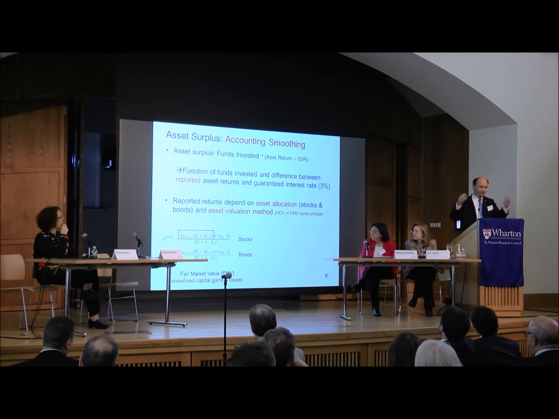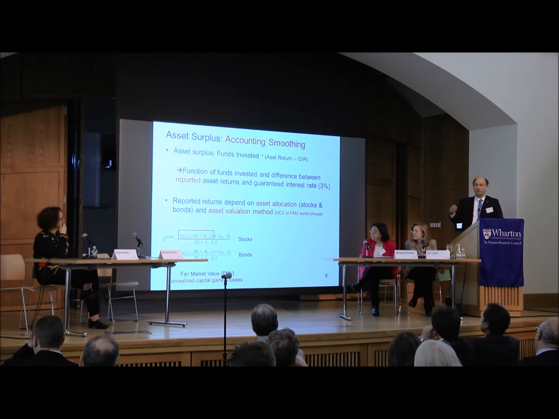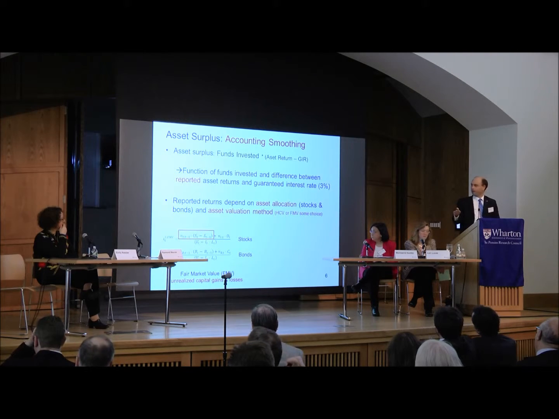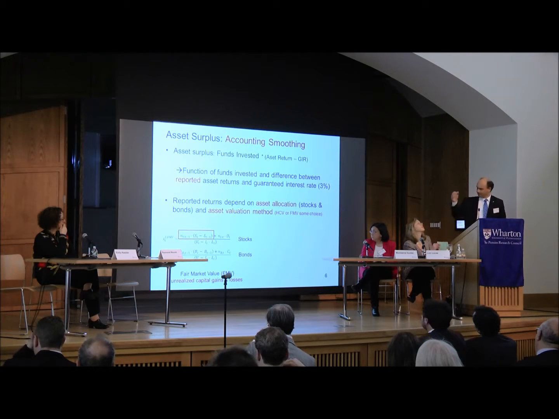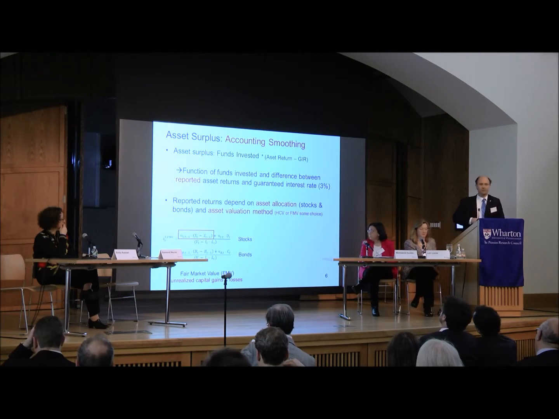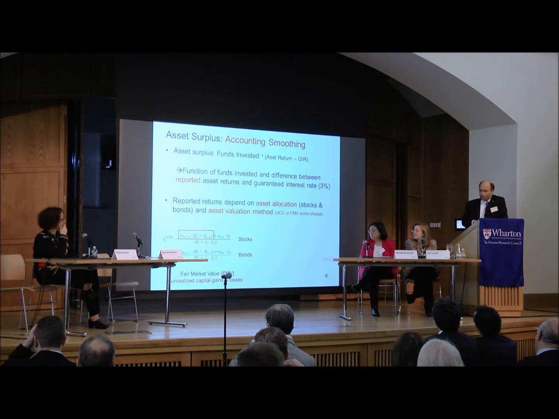But then you have the difference between the stock value of today, this is S_T, minus the stock value a year before. And in the fair market value approach, you use exactly this difference to calculate the return. In this situation, you use unrealized capital gains and losses. It's not that you sell them.